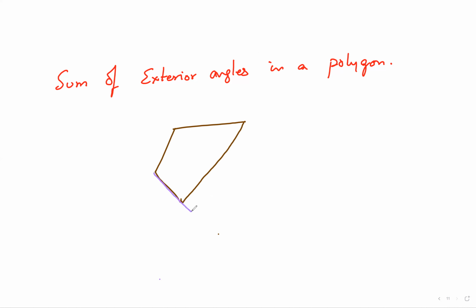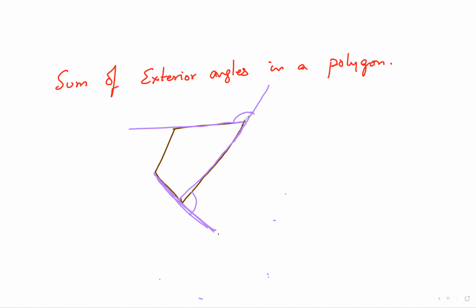Prolong or extend one side to any side, right or left. The angle formed between the extended side and the side of the polygon is called an exterior angle. For the next one you have to prolong in the same orientation, that means right-hand side. So the angle between these two is an exterior angle.